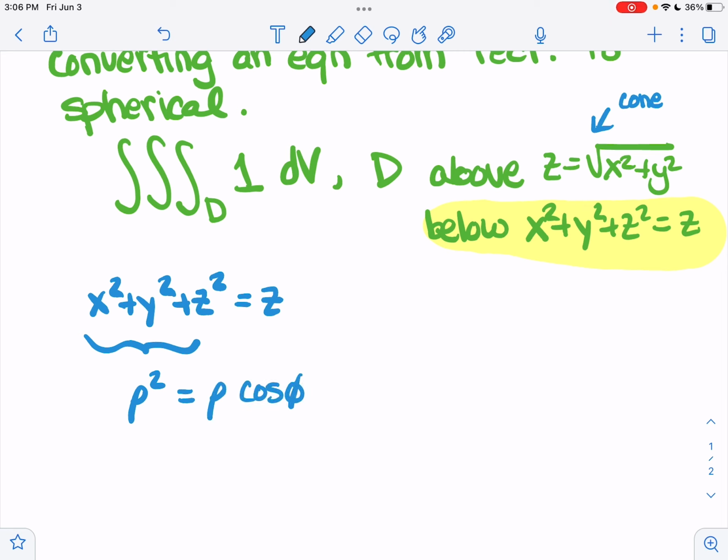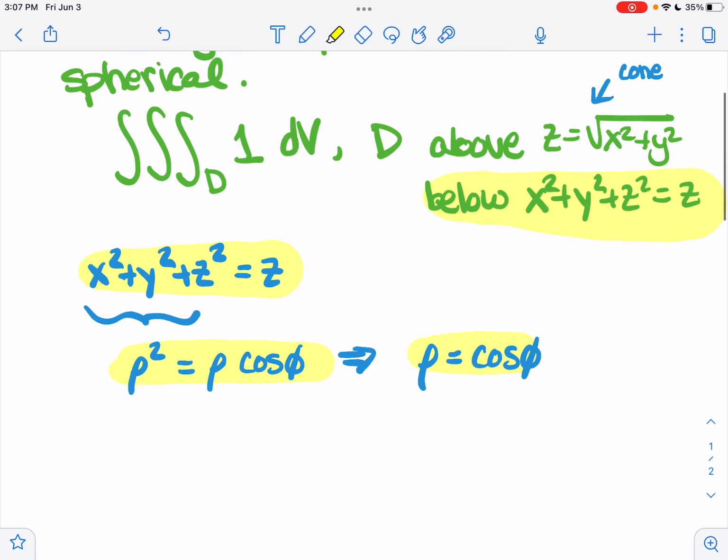So I've replaced my variables with spherical coordinates, and this is the reason I wanted to show you this example: you can take an equation of a surface in rectangular coordinates, and we can replace the rectangular coordinates with whatever they are in spherical coordinates, and we get a version of the equation in spherical coordinates instead. So rho equals cosine phi. That's the thing that we're dealing with here. That's our surface in spherical coordinates.